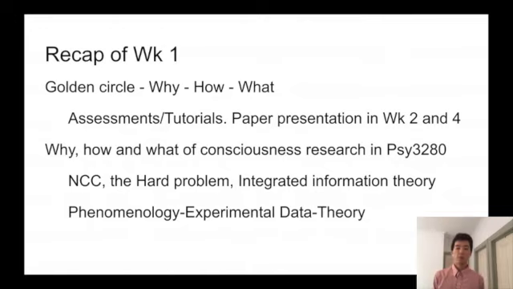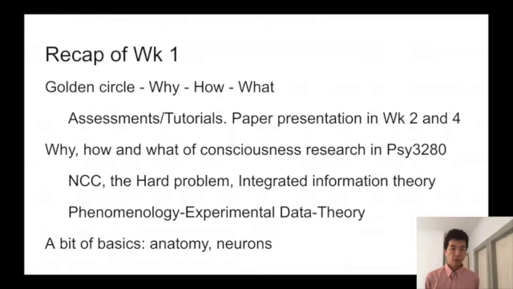Throughout Psychology 3280, we will adopt a triangulation formulation of the research program. What it means is that we are going to combine three different kinds of approaches to consciousness research: one is phenomenology, another one is experimental data, and then theory.